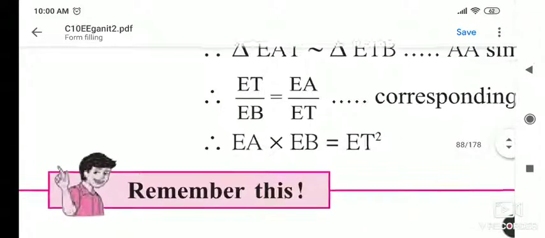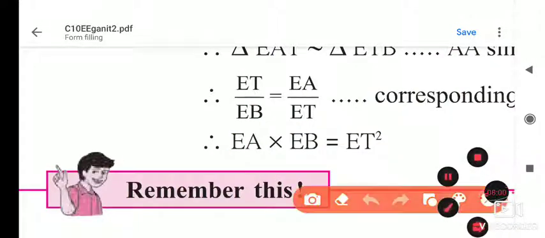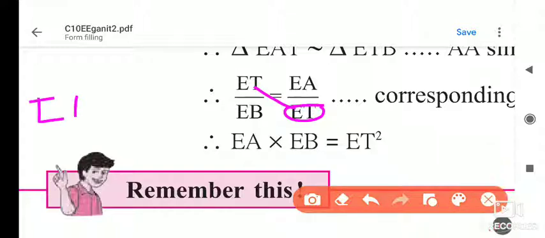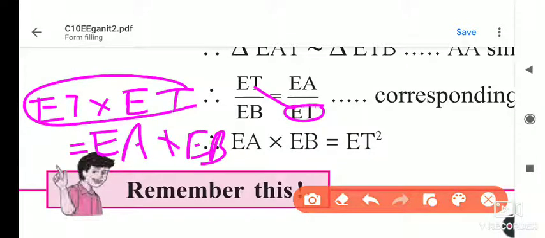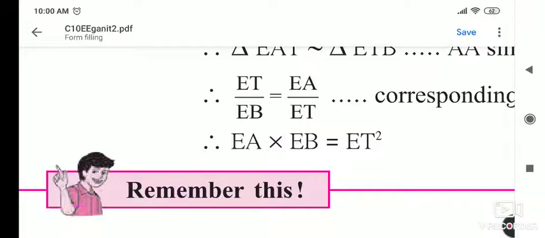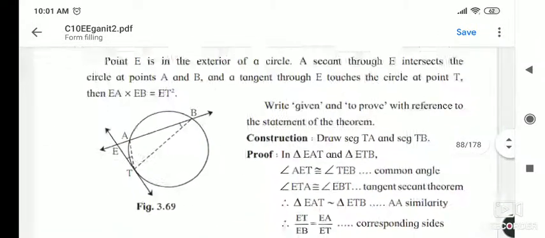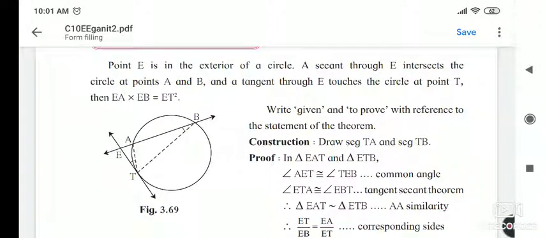In the next step, this ET will go across for multiplication. So ET into ET is equal to what we will get? EA into EB. ET into ET is ET square, and EA into EB. In this way, we can prove this theorem.